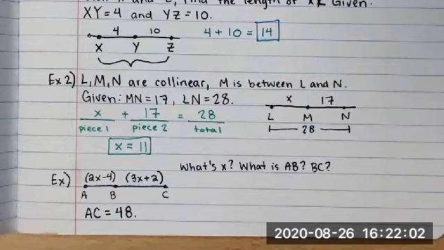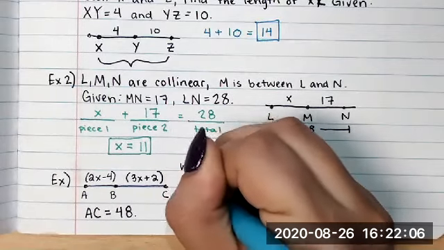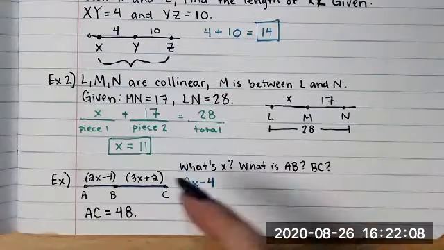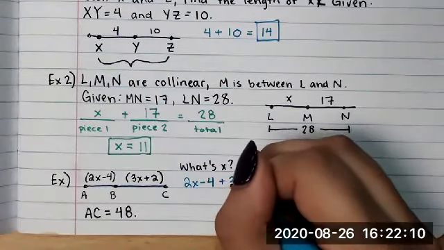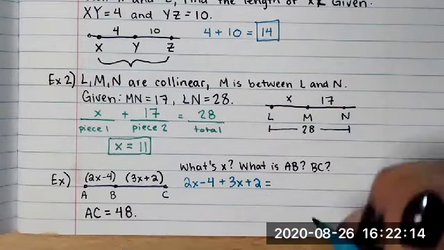So what I'm going to do is I'm going to take each piece, 2x minus 4 plus 3x plus 2, and set that equal to 48.